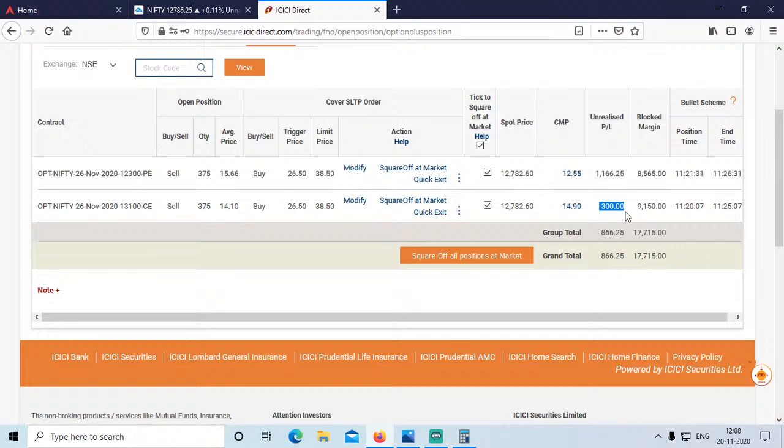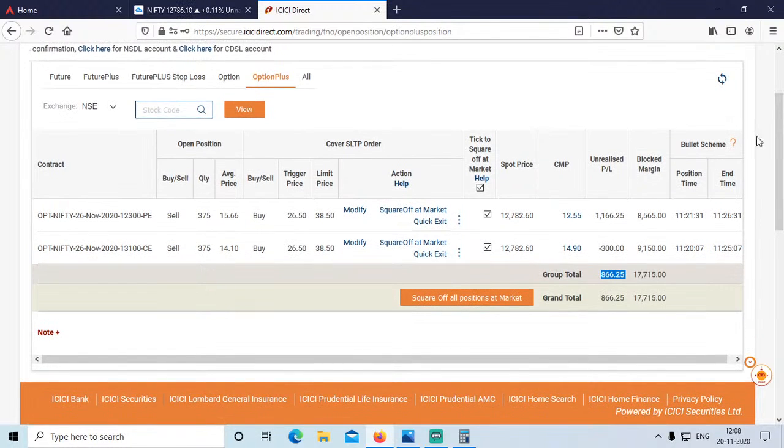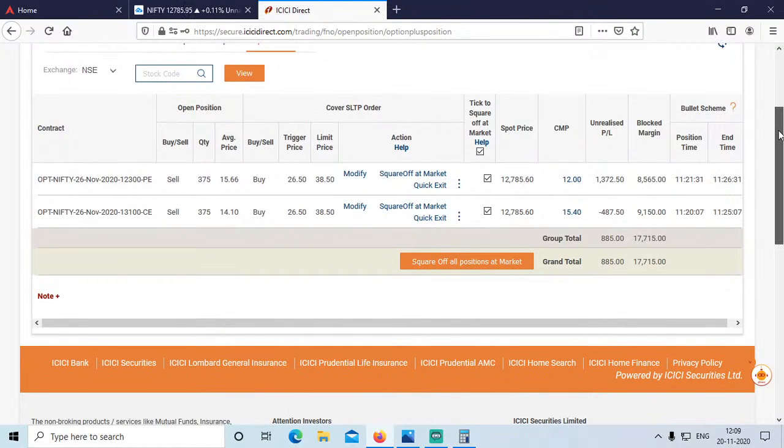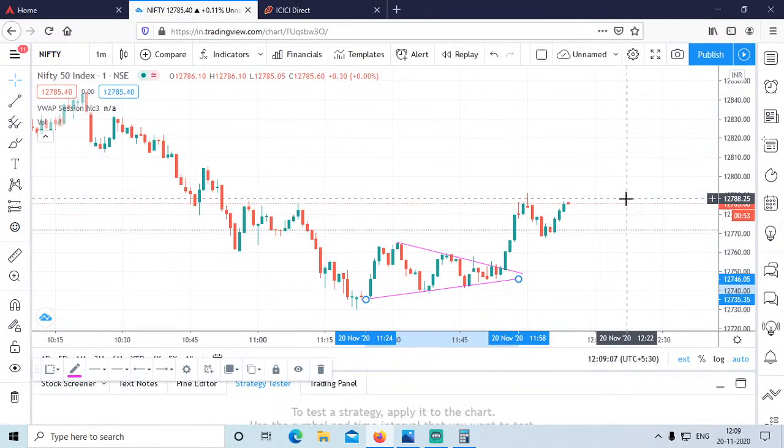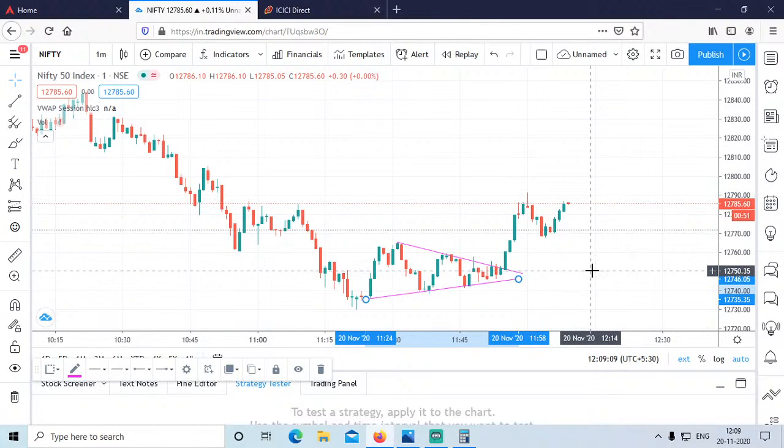This profit and loss keeps on increasing and decreasing, but the overall profit is steadily increasing. This is what you should understand. Market 12,785.